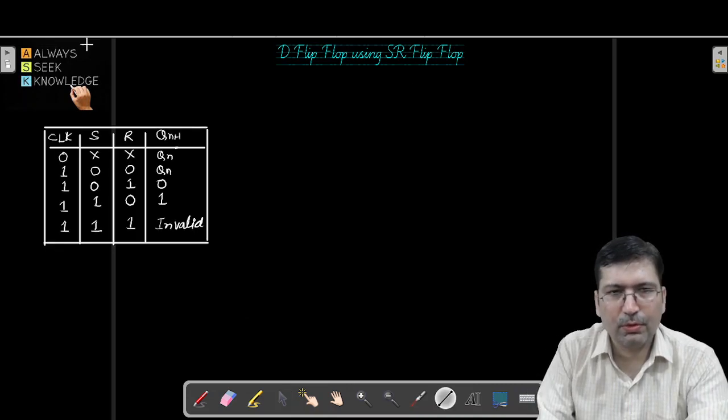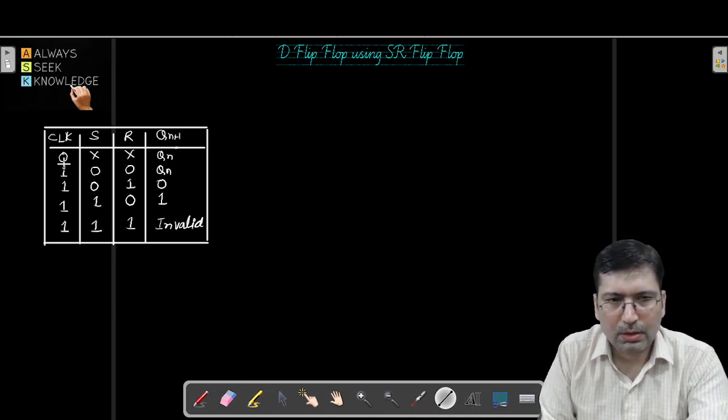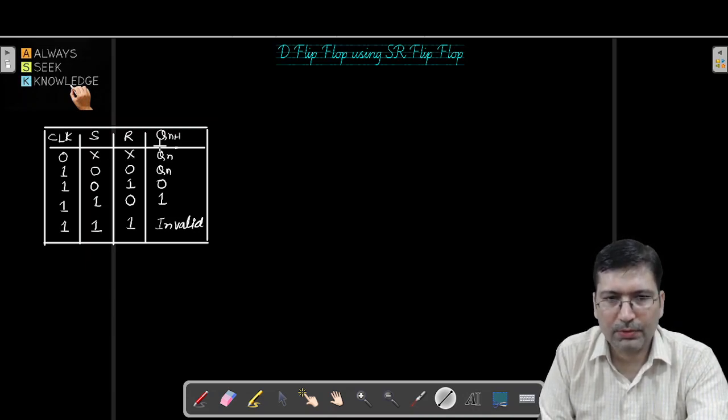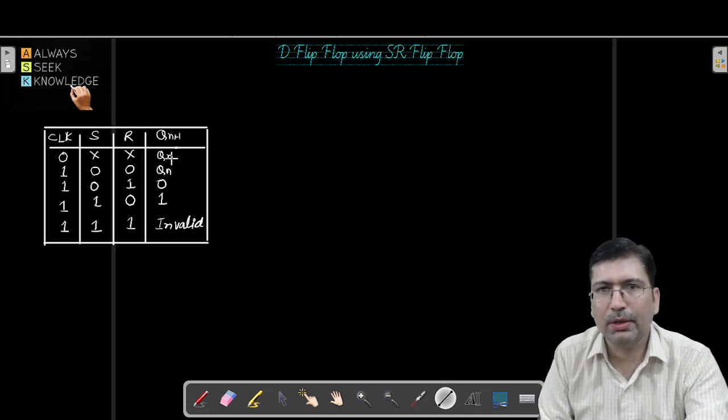If you look at the truth table of SR, when the clock is low, S and R become don't care, and it will preserve the previously generated state, that is Qn. When clock is high and both S and R pins are low, it will preserve the previous state, that is Qn.